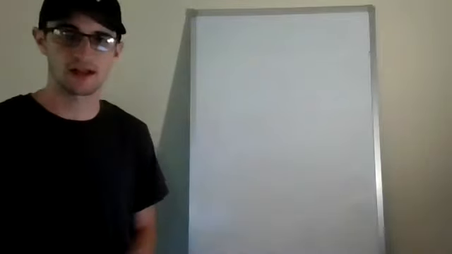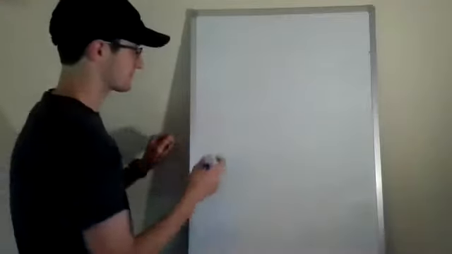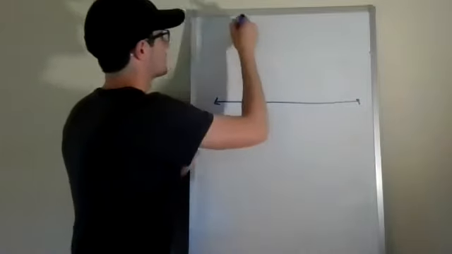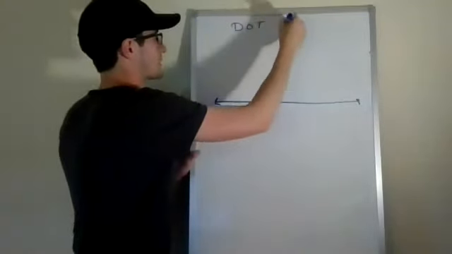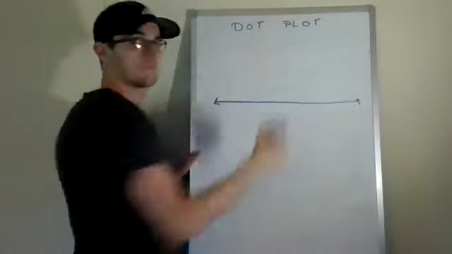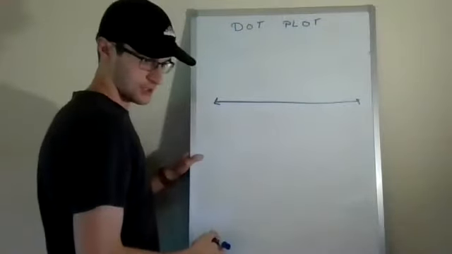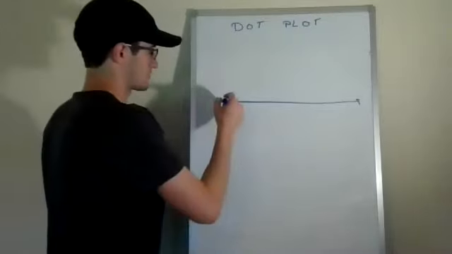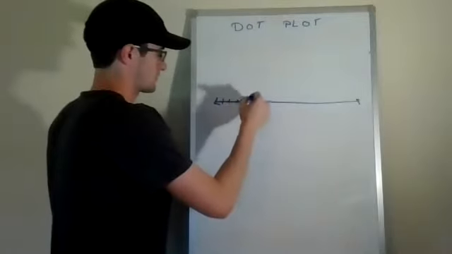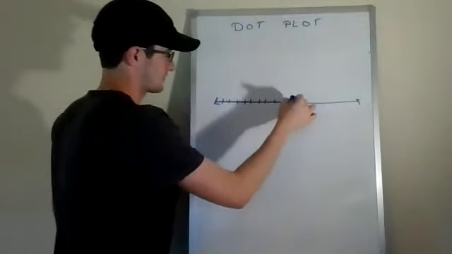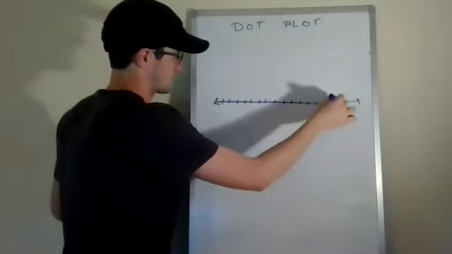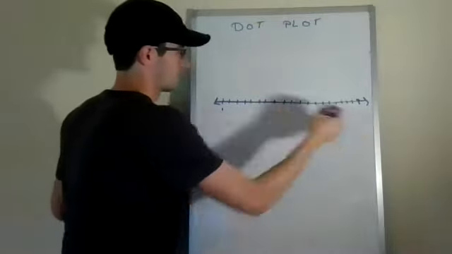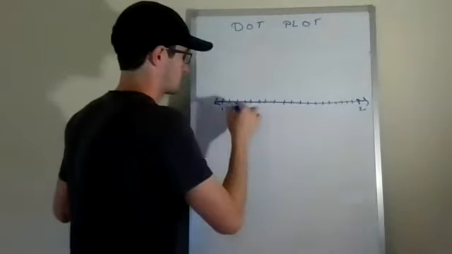A dot plot is just a number line with some added steps. So this is a dot plot.